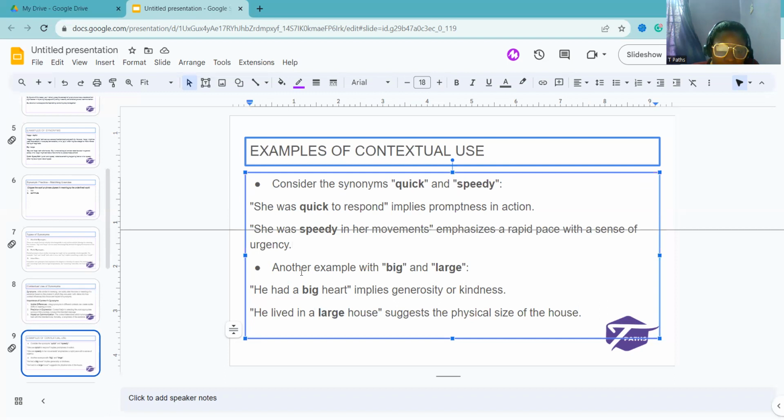Another example is with big and large. He had a big heart implies generosity or kindness, while he lived in a big house suggests the physical size of the house. So when you come across questions on synonyms or similar in meaning, it's always good you read the entire sentence so that you can know the context given in the sentence.